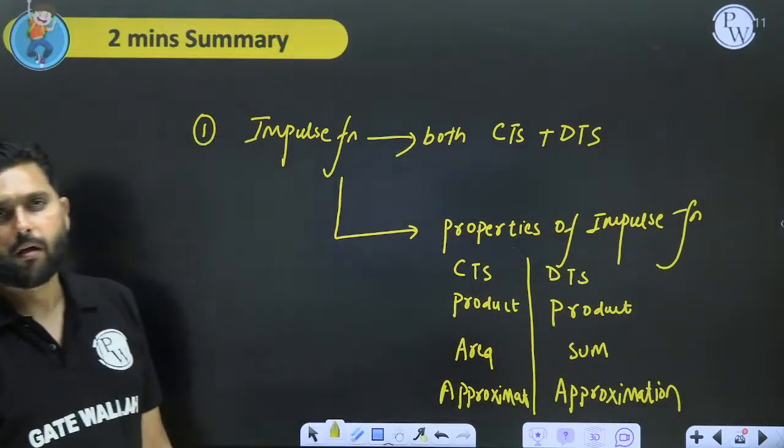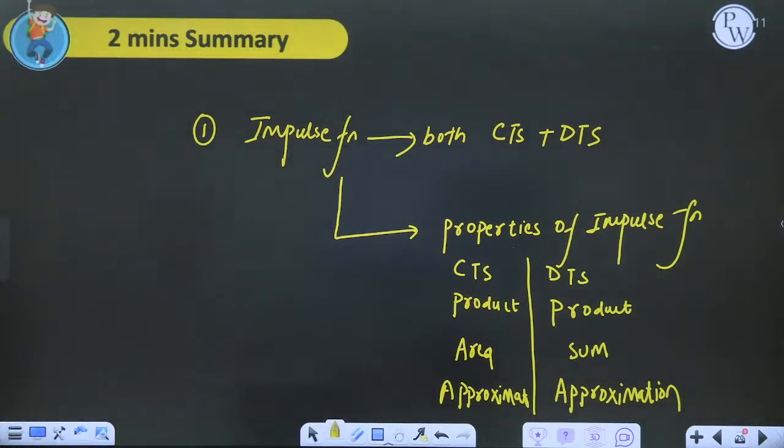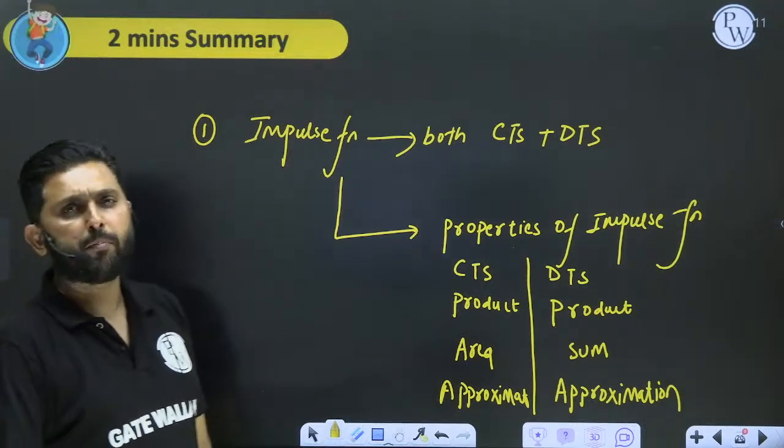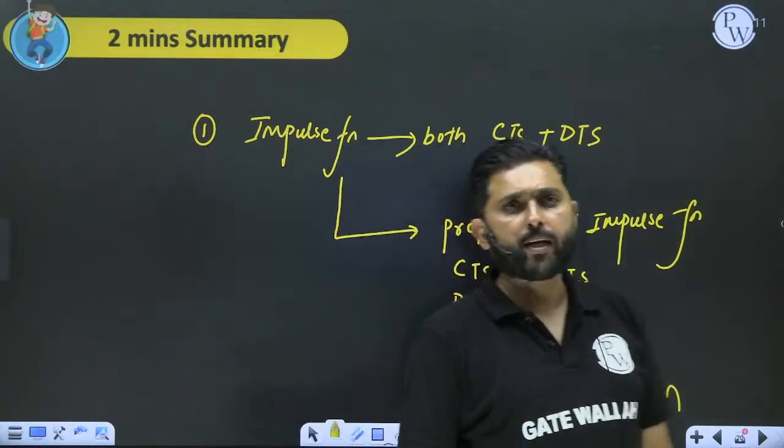Okay, so these are the properties of an impulse function that we have covered till now.